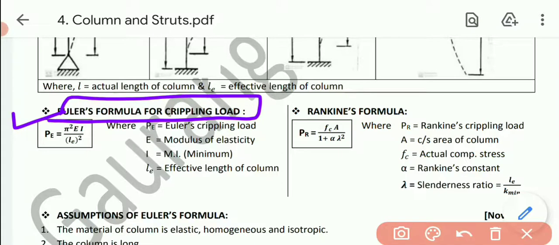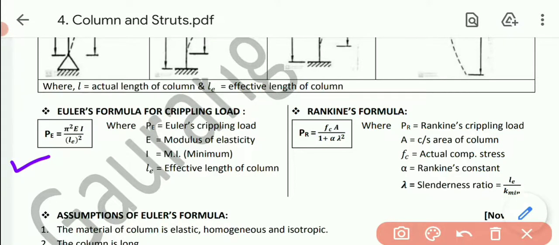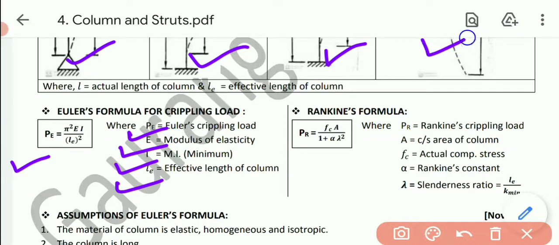Now for Euler's formula, P equals pi square EI upon LE square, where pi is a constant, E is modulus of elasticity, I is the minimum moment of inertia, P is Euler's crippling load, and LE is the effective length of the column. We have seen these four cases.